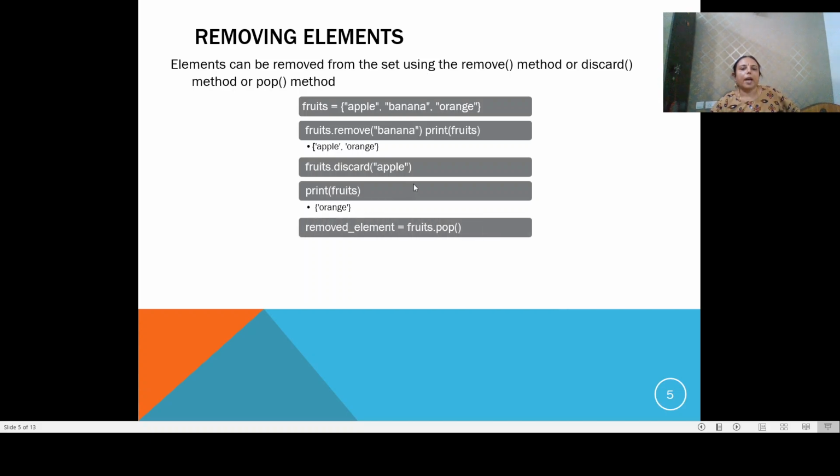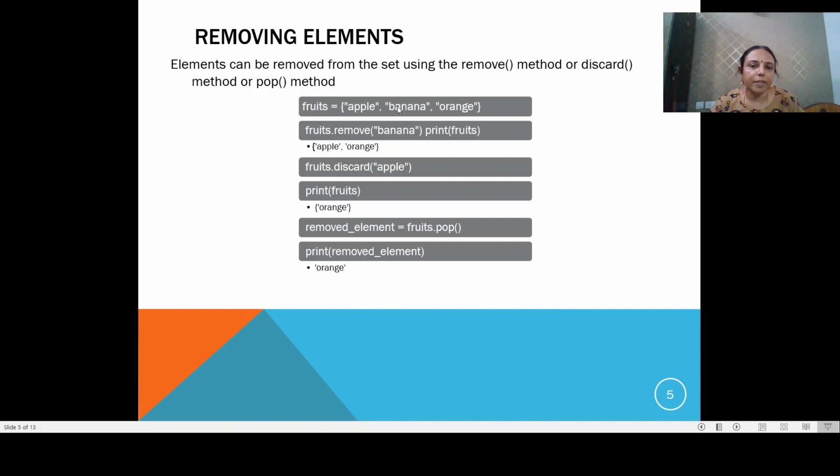Okay. And you can also use the pop method to remove an element. So if you click this one, pop, then it will remove the element, which is orange. See, pop doesn't have any order. It will just remove any element in the set. It's randomly done.